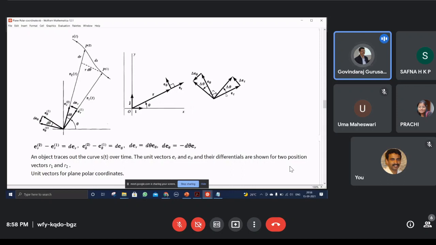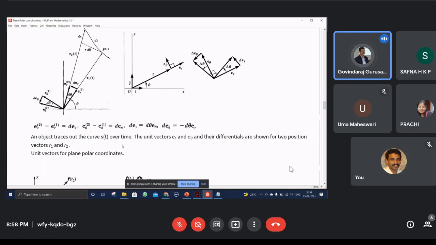Because this happens to be unit length, you don't have to worry about the modulus of this. Modulus of this gives unit. So you can see del ER connecting to E theta and del E theta connecting to the ER direction. So this and this, they are opposite directions, which can also be made clear.